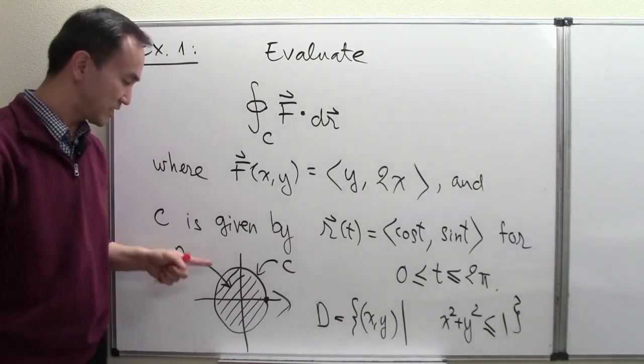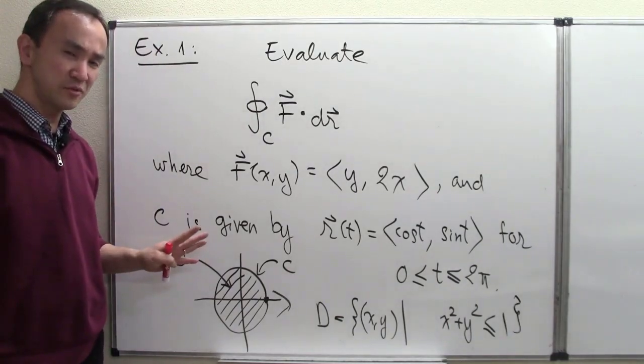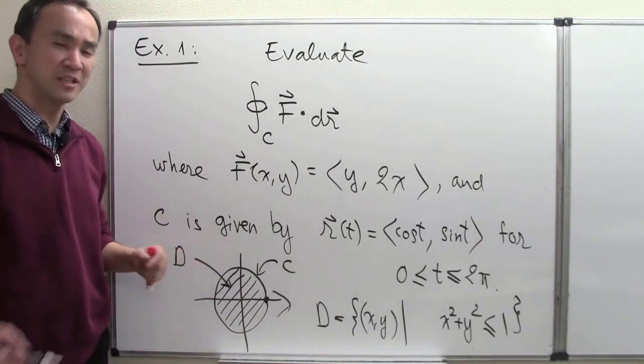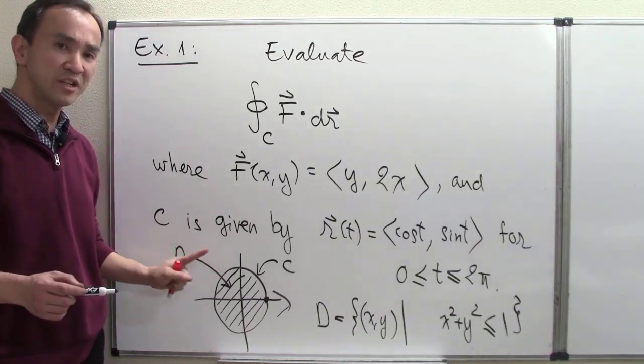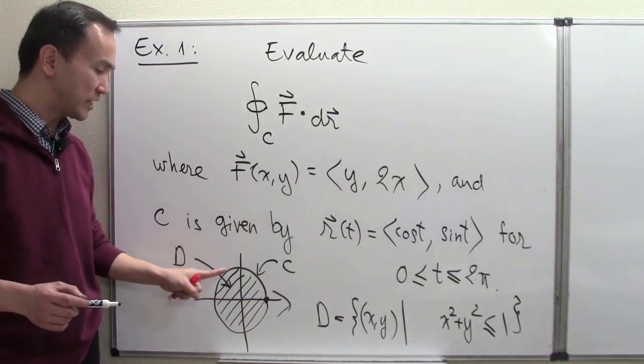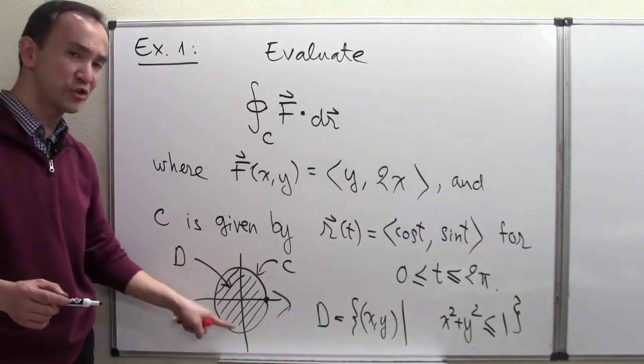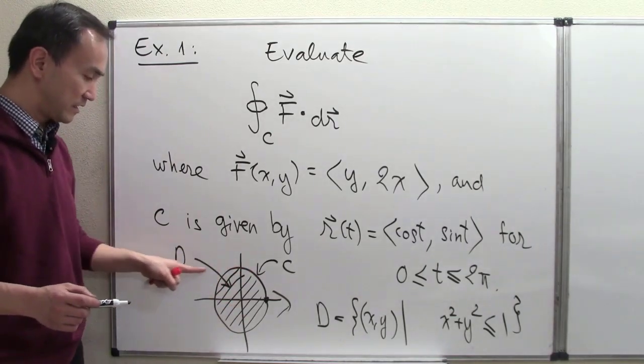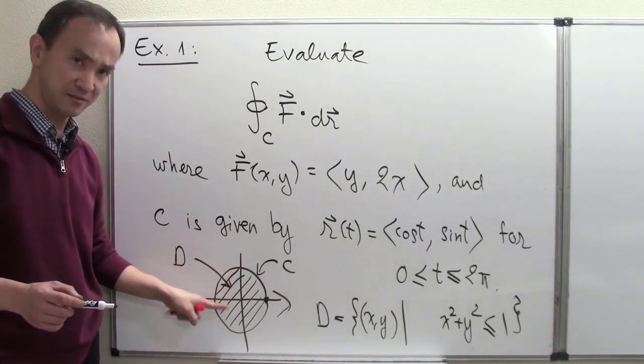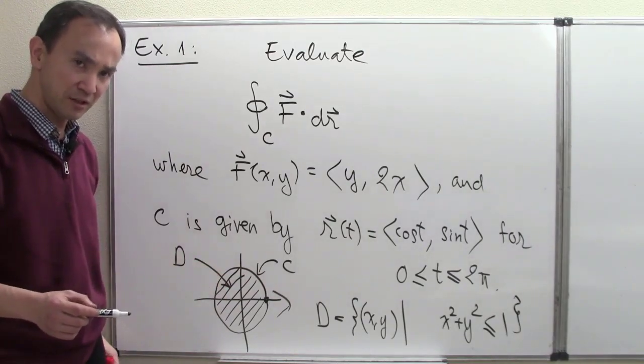That's the region D. And now, since we're starting to get into this kind of problem, we always have to make a clear distinction between where it is a boundary and where it is the interior of a closed bounded region.